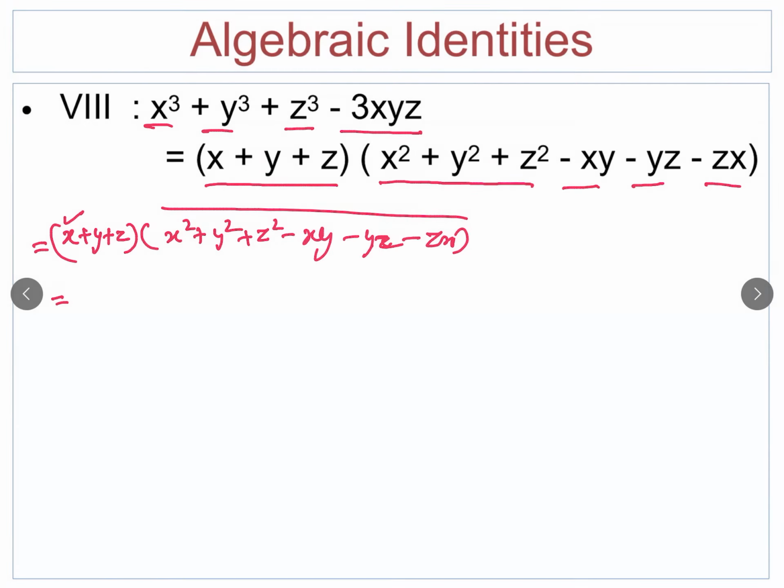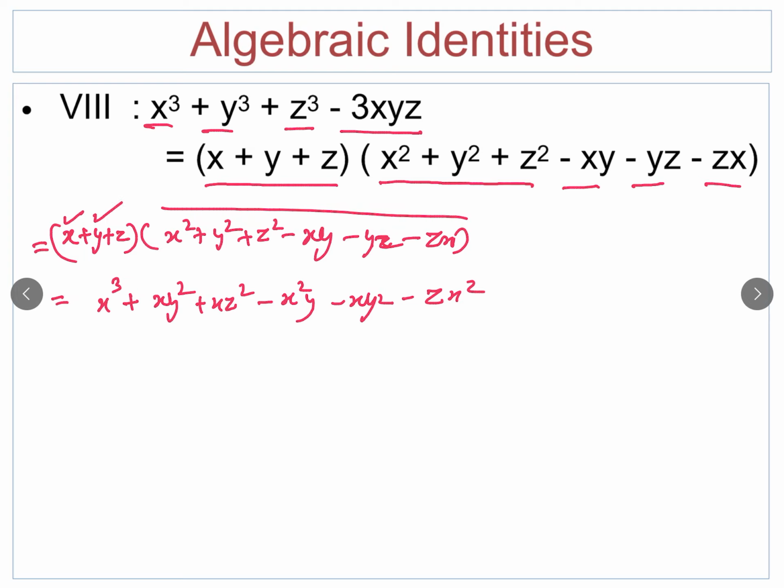So x into x square will be x cube, x into y square will be xy square, x into z square will be xz square, then x into minus xy will be minus x square y, x into minus yz will be minus xyz, then x into minus zx will be minus zx square. This is after multiplying x with all the terms in the second bracket.